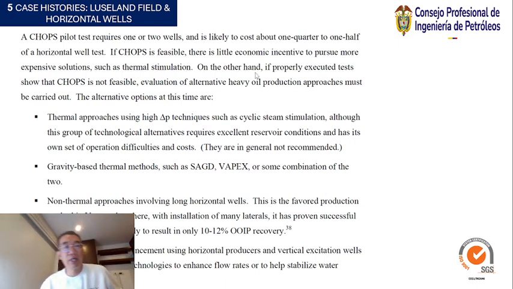A CHOPS pilot test requires 1 or 2 wells and is likely to cost about 1/4 to 1/2 of a horizontal well test. If CHOPS is feasible, there is little economic incentive to pursue more expensive solutions, such as thermal stimulation.